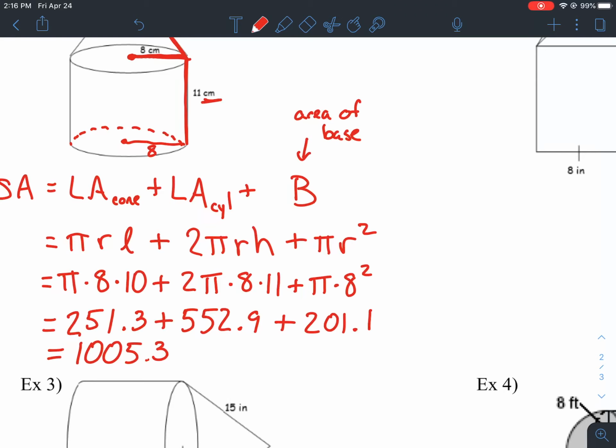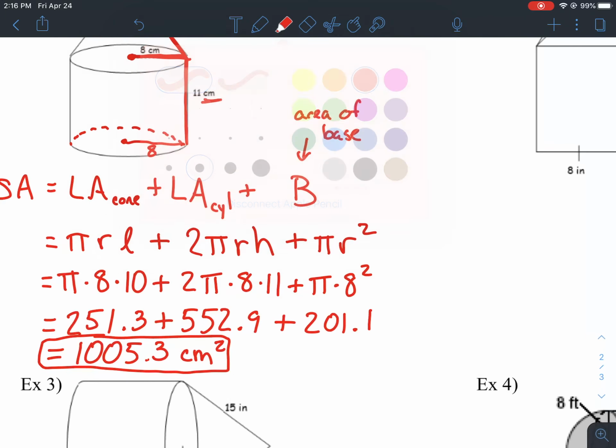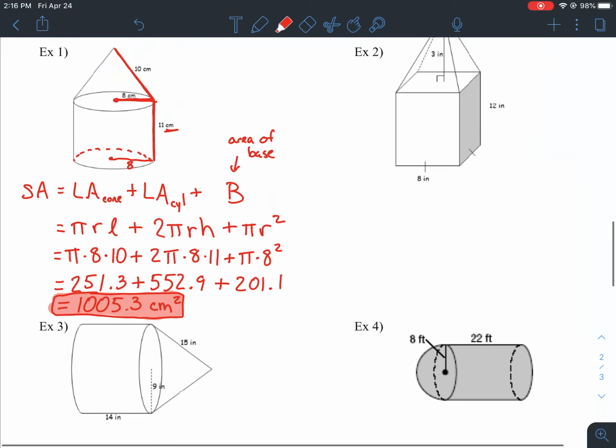And then our unit is centimeters. And since we are talking about a surface area, centimeters squared. Okay. So there's our final answer. The total surface area of this composite figure is 1005.3 centimeters squared.